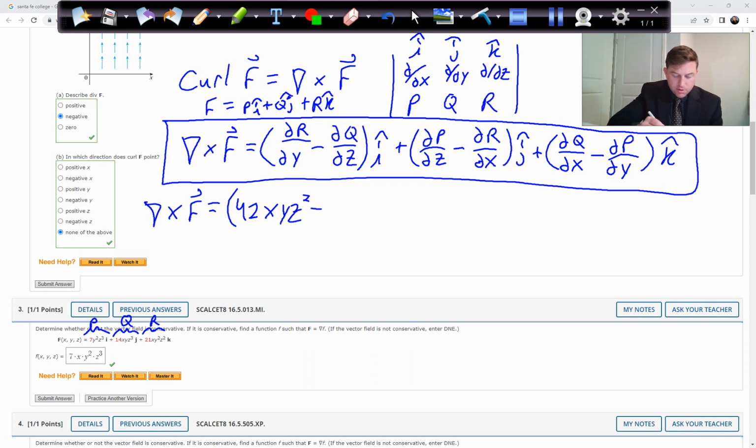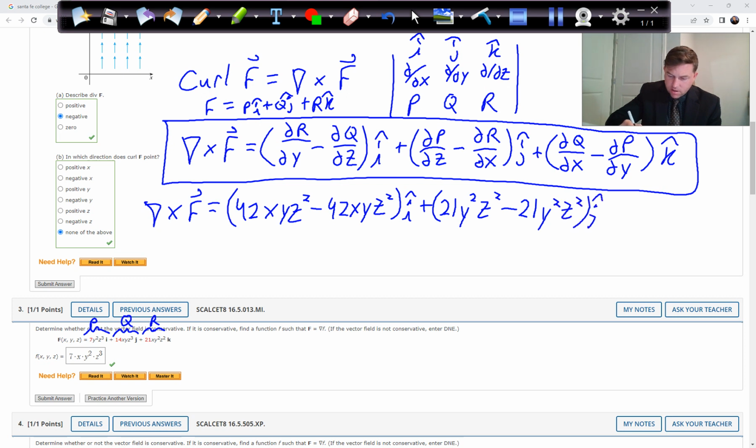The 3 times the 14 would give us 42, and then it's going to be xyz squared. And that's in front of the i component, plus dP/dz. The derivative of P with respect to z would be 21y squared z squared, minus dR/dx. Partial derivative of R with respect to x would be 40, no, with respect to x, the x would just go away. It would be 21y squared z squared.